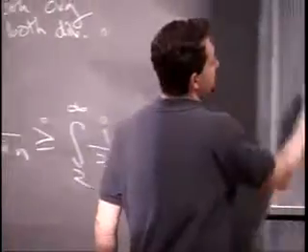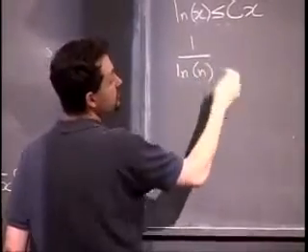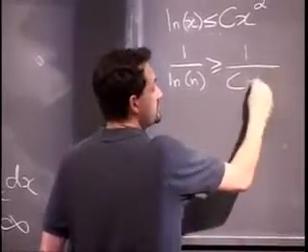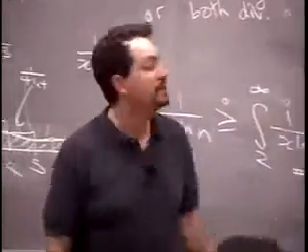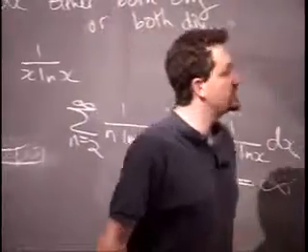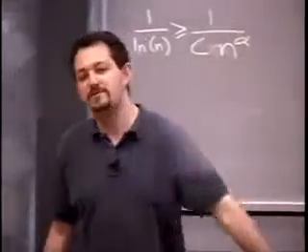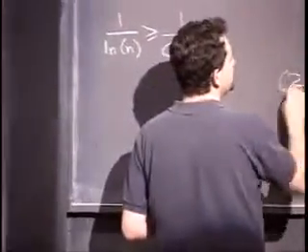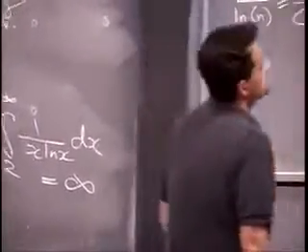So, for example, if you have a sum involving 1 over log n, you could use, if it was necessary, the fact that this is greater than 1 over C n to the alpha, where you get to choose the alpha. That's an example. It's not attached to a question, but since the question was, how do you know? What you're looking for is simpler functions, and in our case, they're all going to be 1 over n to the p. We're going to use the p-test. So just bear with me here, and you'll see by example. But again, just think about improper integrals, and there's nothing new here.